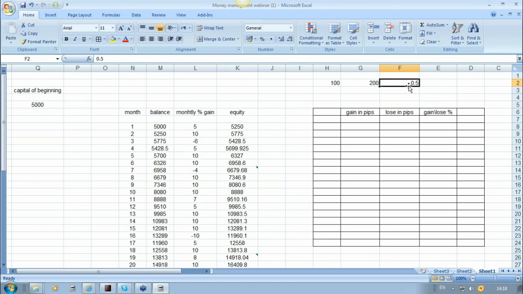Simple math. If my risk per trade is $100 and my stop loss is 200 pips, I have to make a trade where each pip equals $0.50, which means 0.05 lot size.